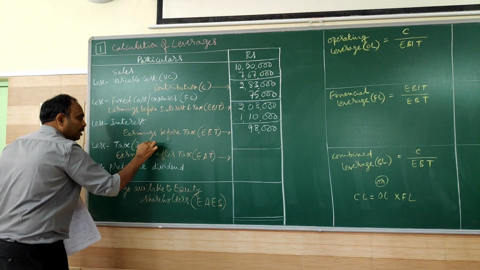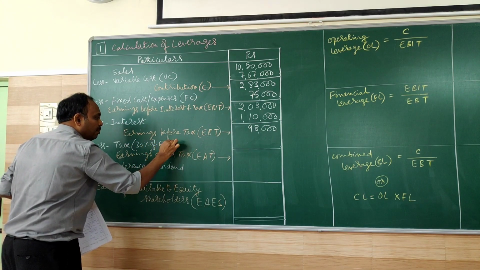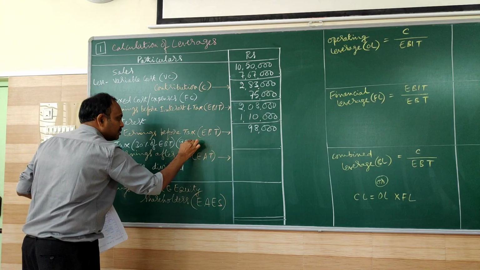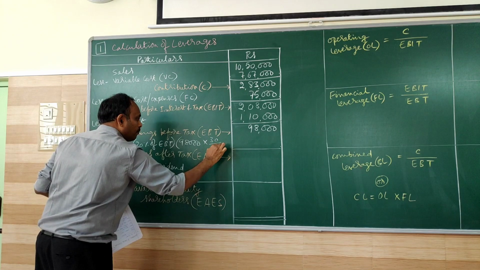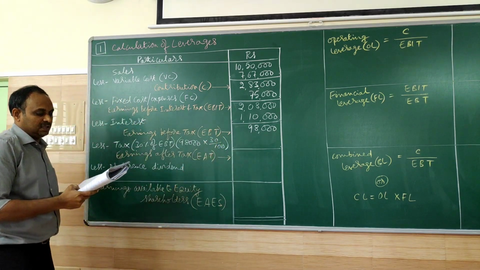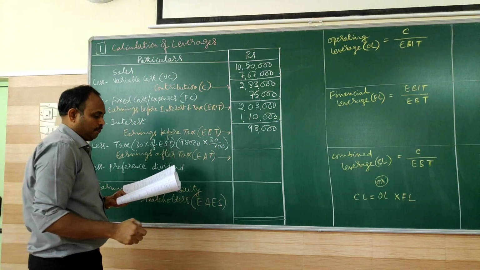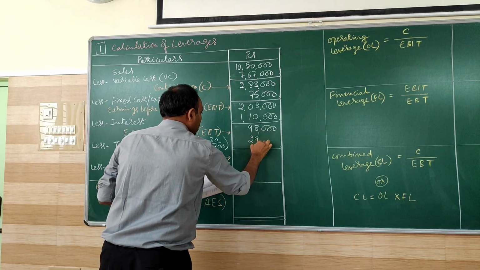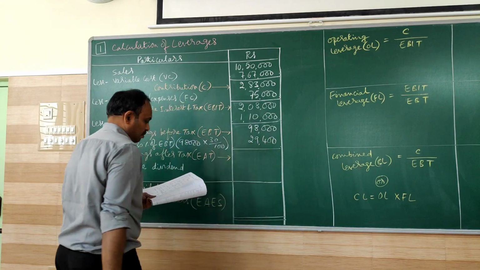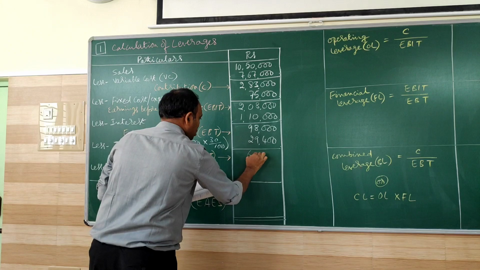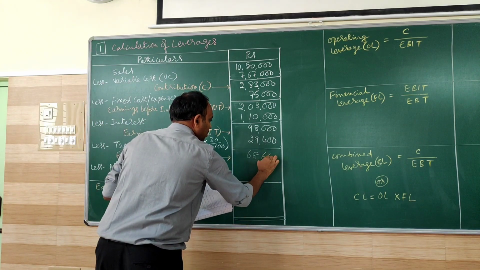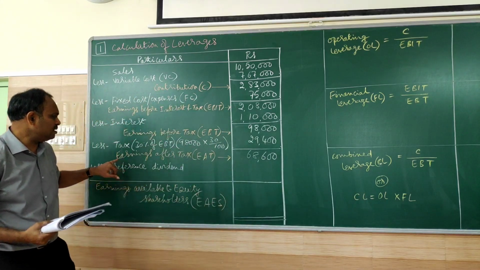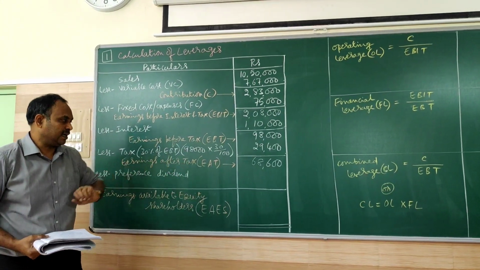So 30% of EBT. EBT is 98,000. And 30% of that I have calculated, so 29,400. The result is 68,600. The result here is earnings after tax.